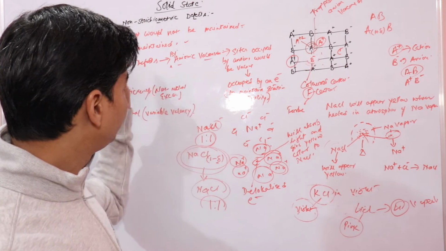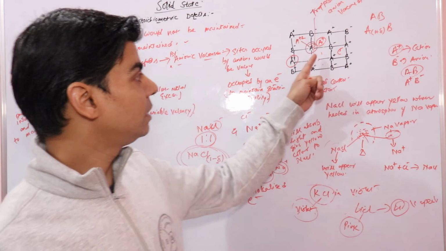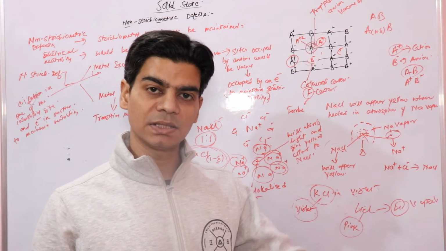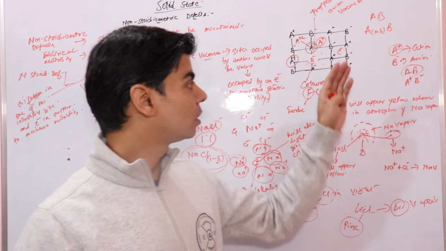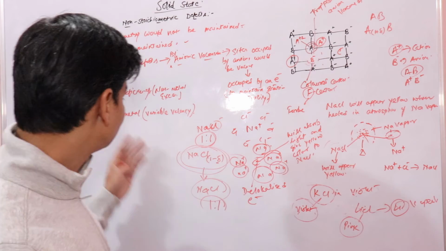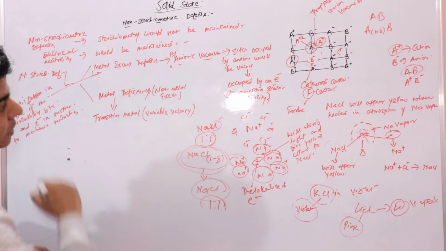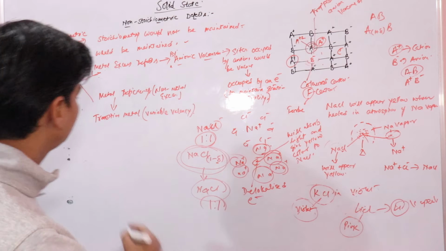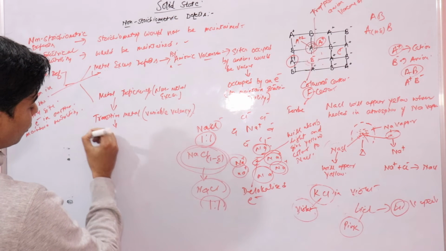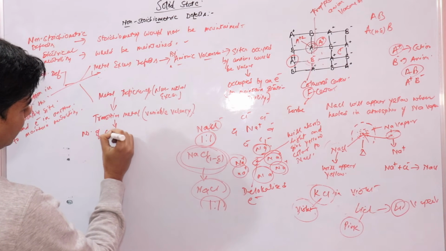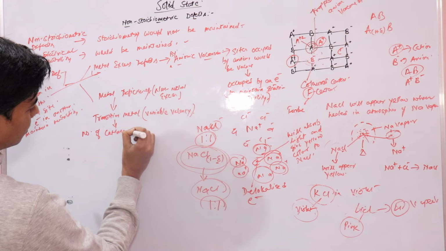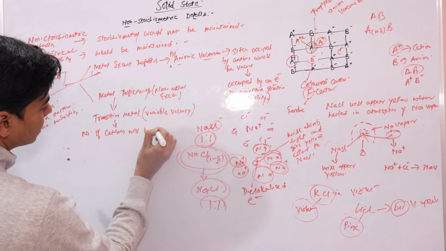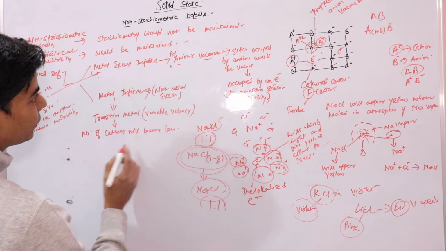Like in previous metal excess defects, metal cations were becoming in excess, more than anions. So in this case, the metal cations would become less than the anions in the crystal lattice, right? So here, the number of cations will become less. Let's see how this happens.